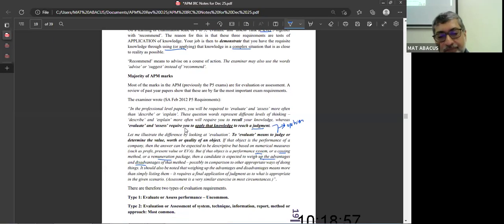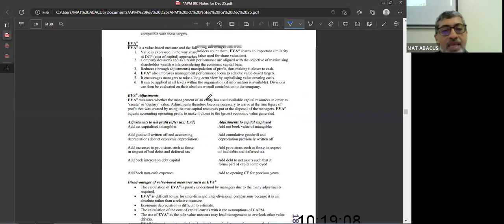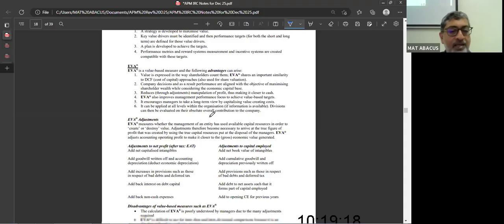And in some cases, you get questions which link to different topics. Because of the link to another topic, there could be an advantage which is not listed here which could actually be relevant. The advantage is not purely because of EVA, it could be linked to having another system of costing that makes it possible. Same thing with a disadvantage.